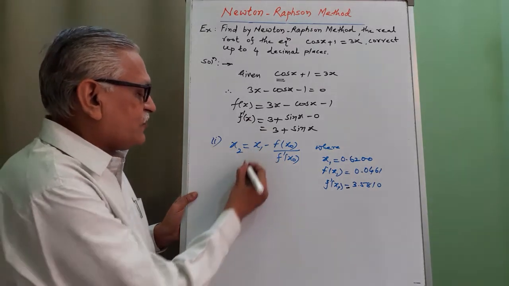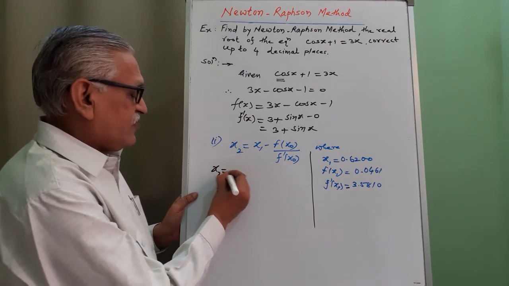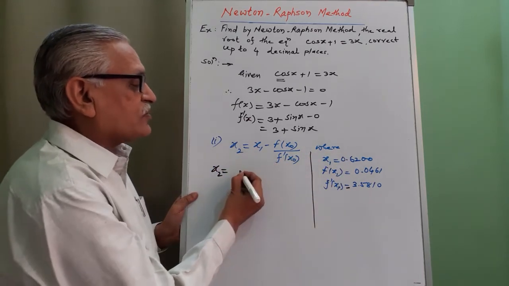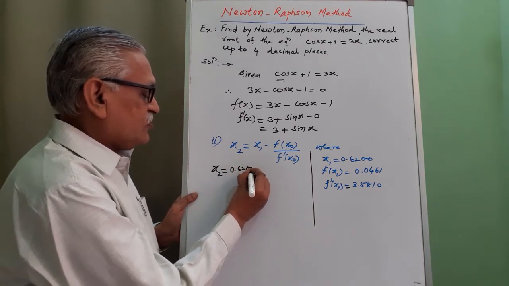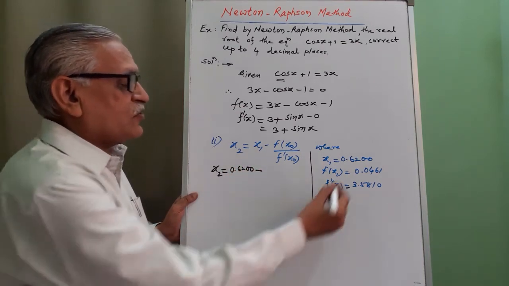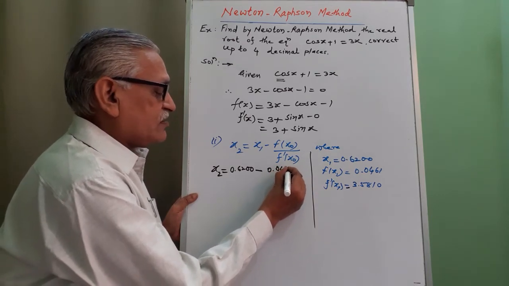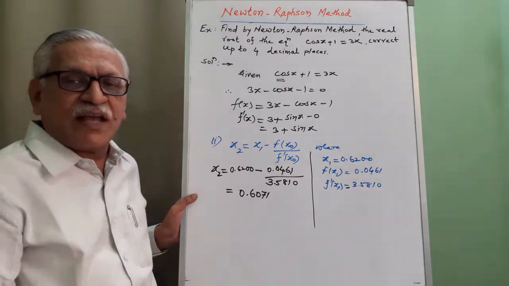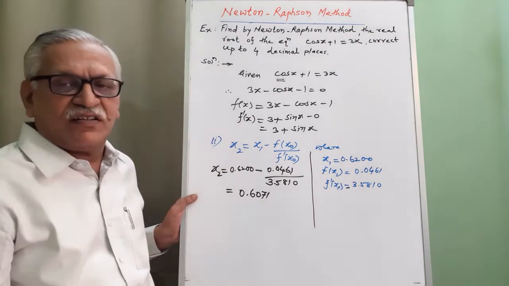Substituting that value here, we get x2 is equal to 0.6200 minus 0.0461 divided by 3.5814, and by calculator its value is 0.6071.